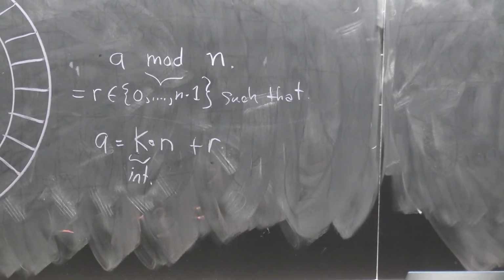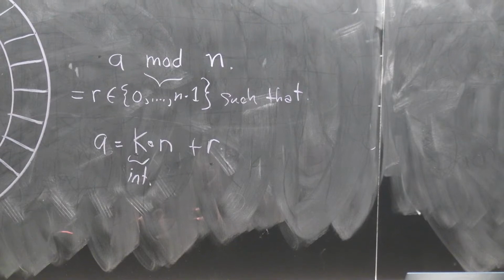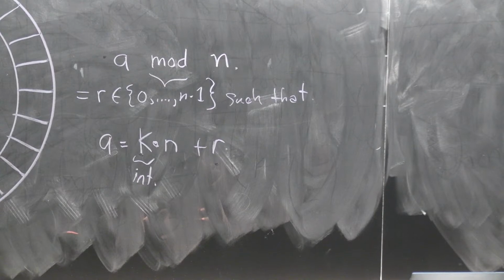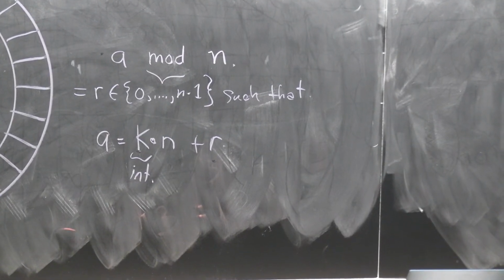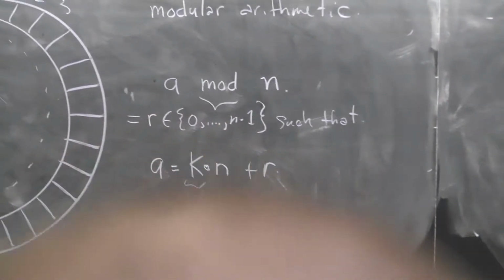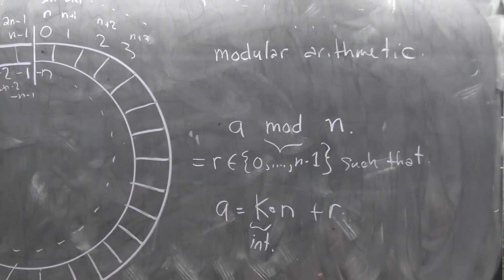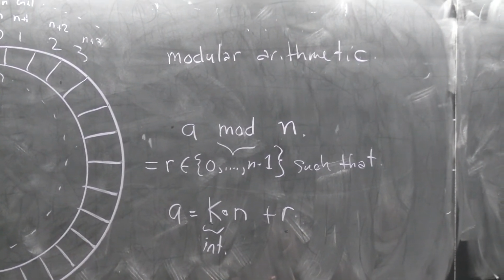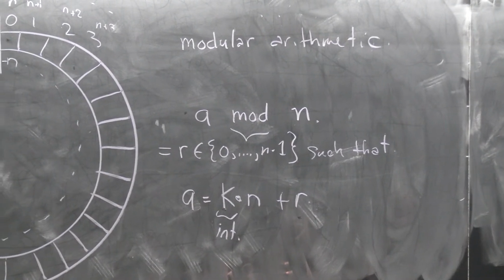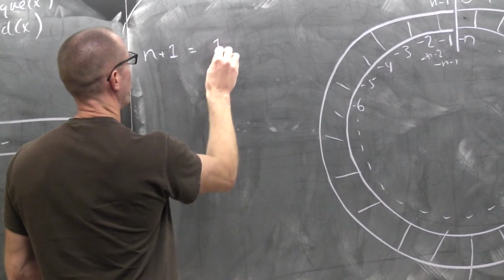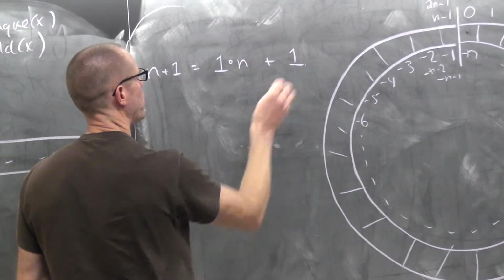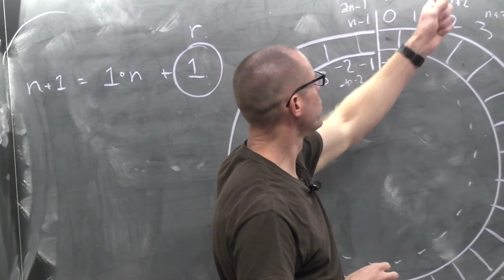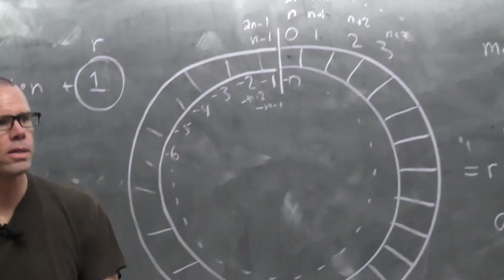Another way to think of it is you take a and divide it by n, so you do integer division. There's some remainder. That remainder is the modulus. So for example, if a equals n plus 1, then n plus 1 is equal to 1 times n plus 1. This is the remainder. That says that n plus 1 is in the same class as 1.